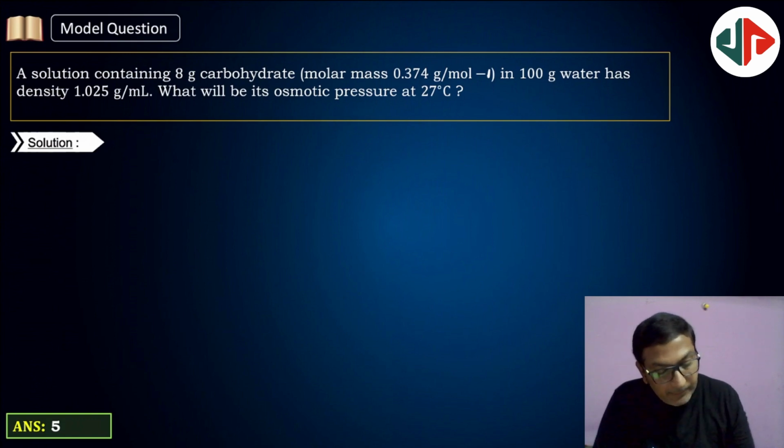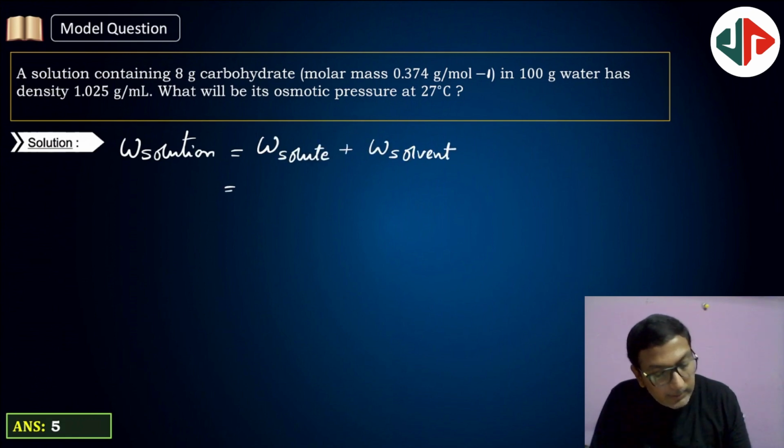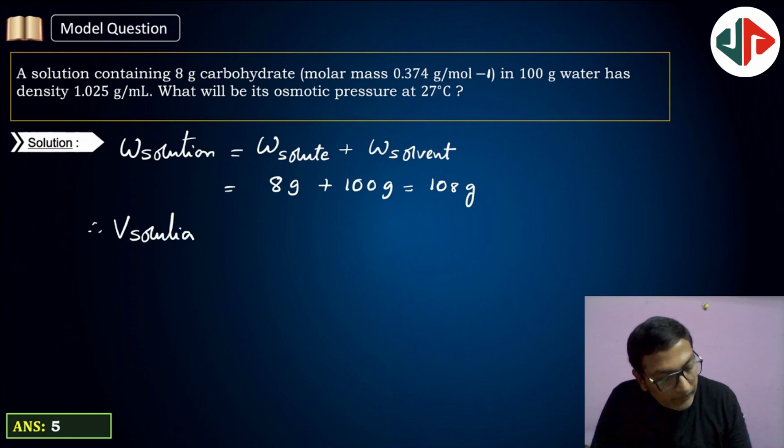So first I will write weight of solution equal to weight of solute plus weight of solvent. So weight of solute is 8 grams plus weight of solvent 100 grams. Therefore it is 108 grams. Therefore volume of solution equal to weight by density.